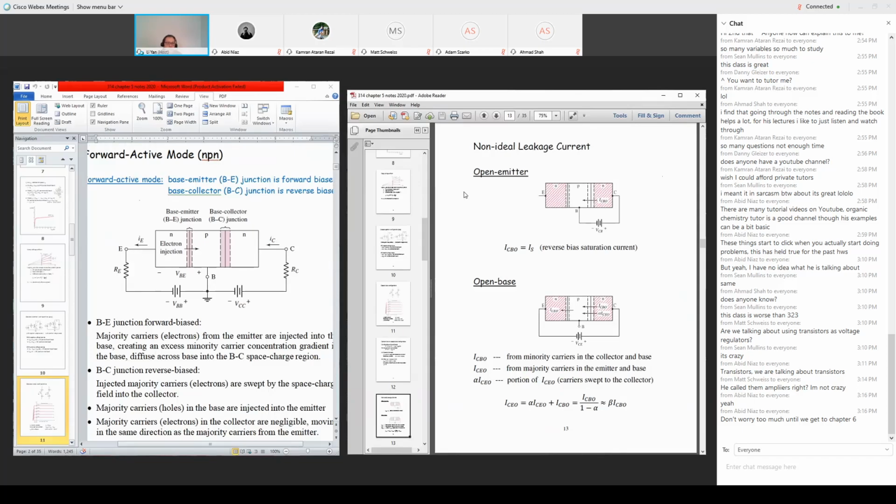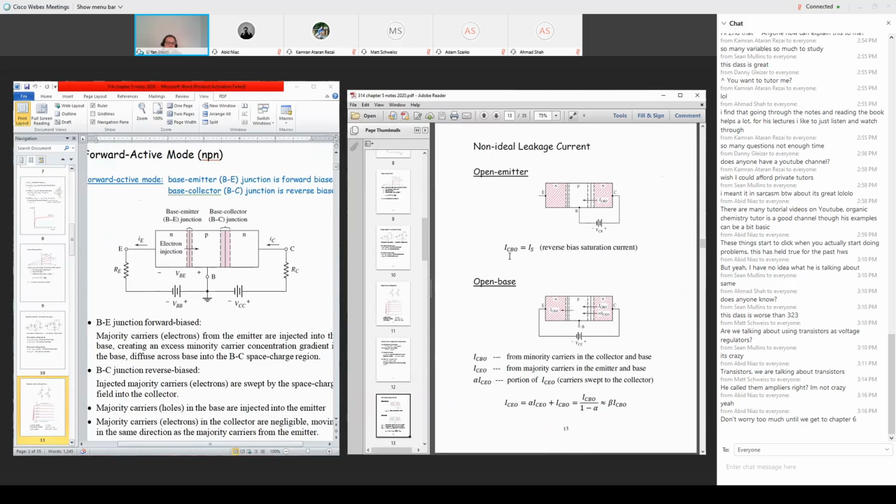Once you have the open emitter situation, the base-emitter junction is not biased. However, the base-collector junction is reverse biased. With this PN junction reverse biased, you do have a current, and that current we call ICBO.